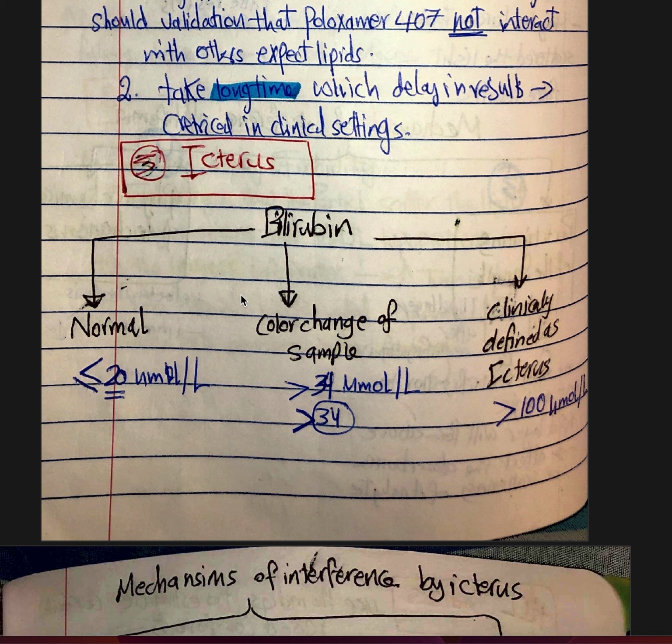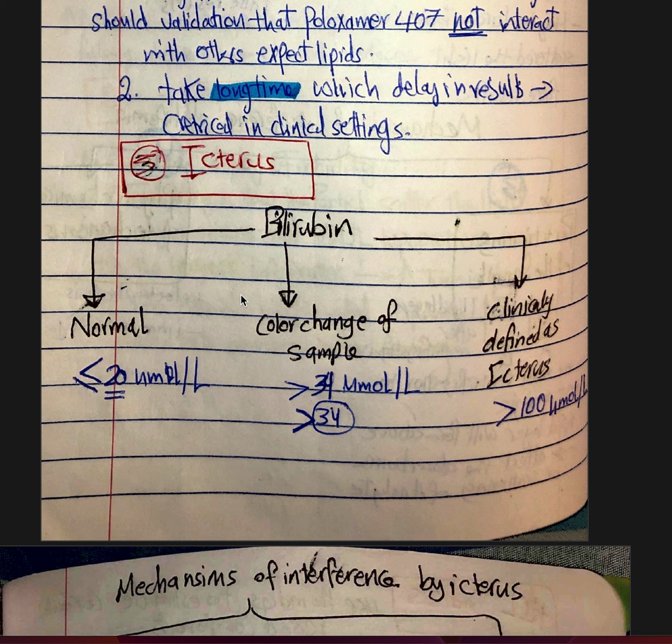If it's more than 34 micromole per liter, it causes a color change of the sample. But if it's more than 100 micromole per liter, it causes icterus, where the patient has yellowish discoloration of the sclera and skin.